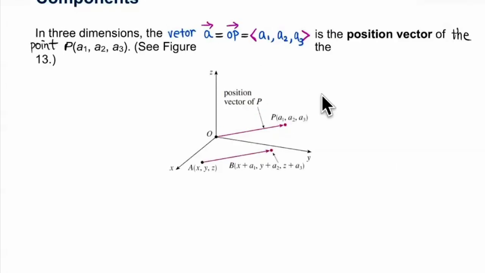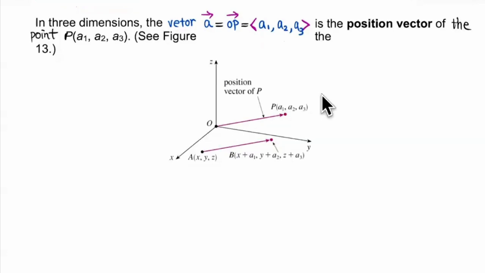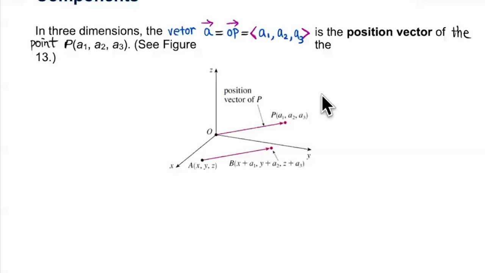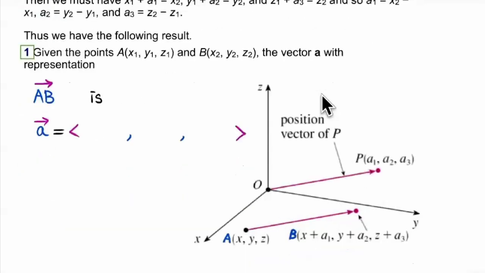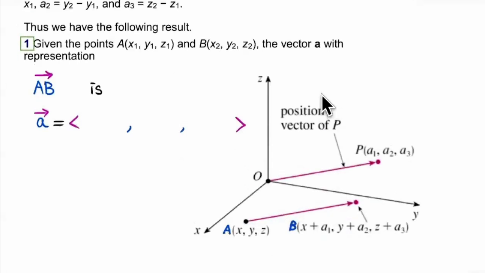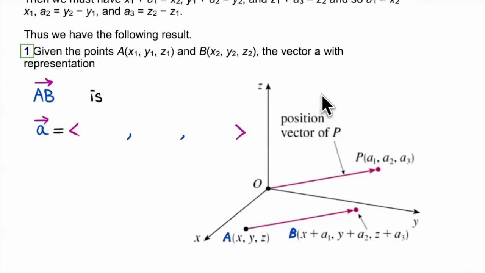Now, this A1, A2, A3 is the position vector of this point here. Notice I use the angle bracket notation. Now this is a larger picture, so these 2 are actually equal. Given this, how about if you move this vector to here, starting from this point x, y, z?